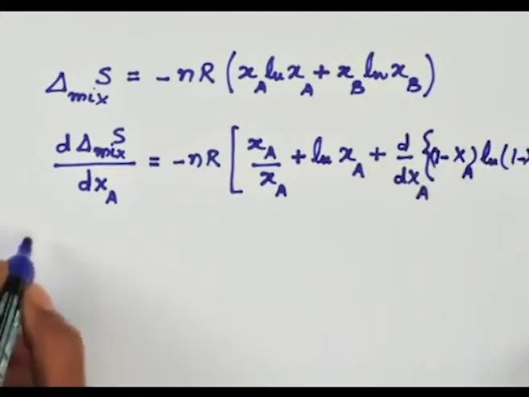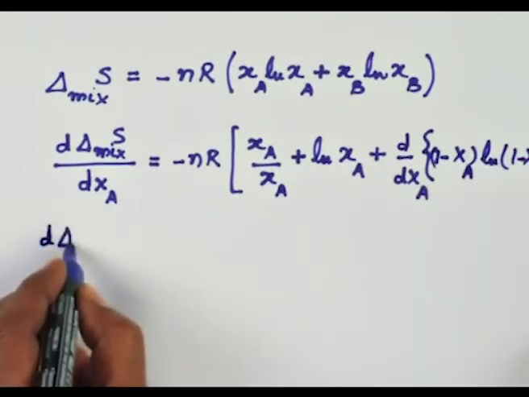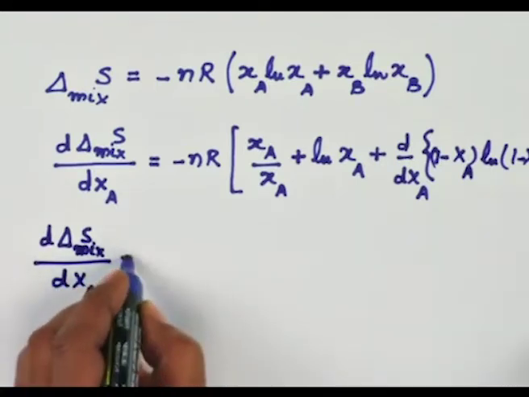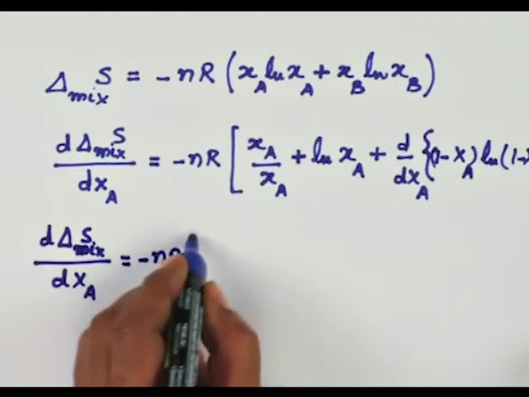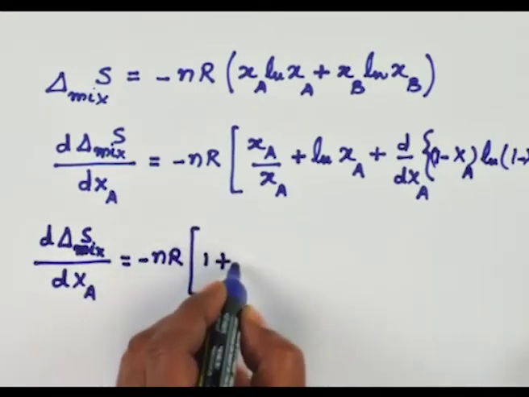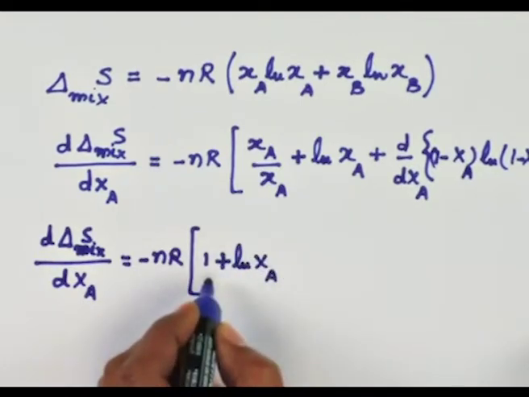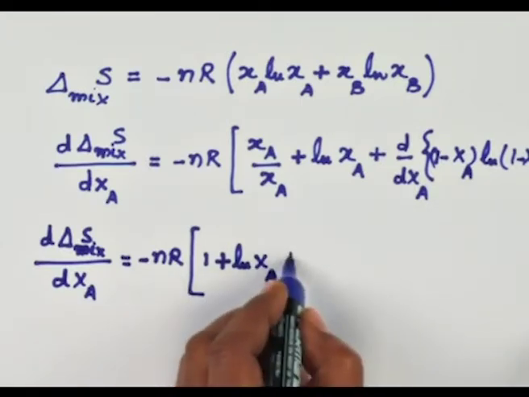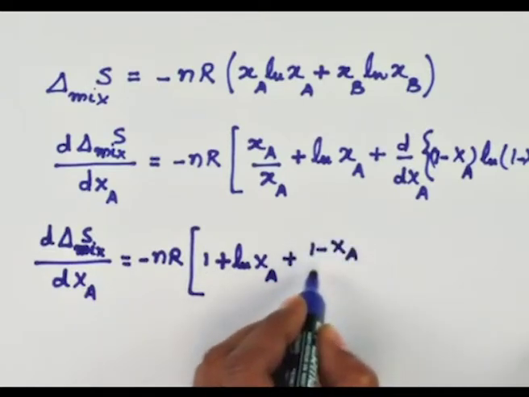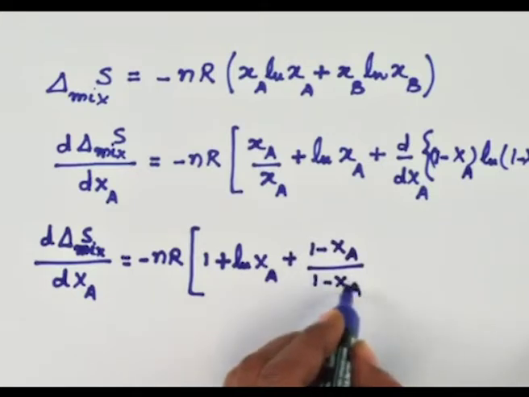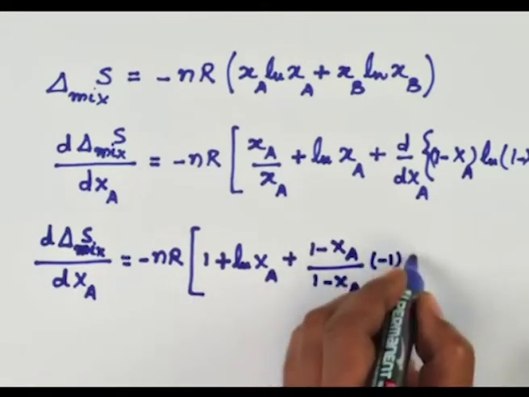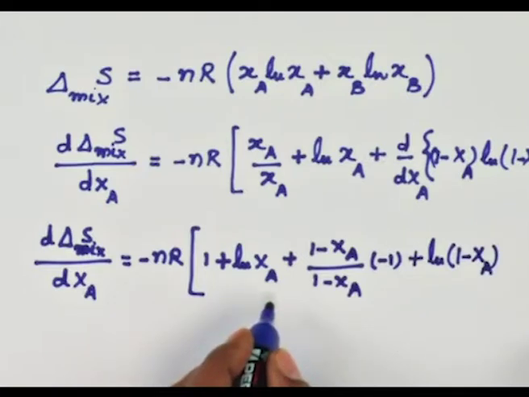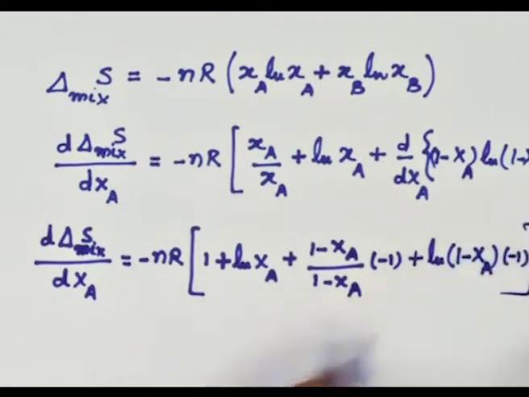So the derivative of delta mix S with respect to XA is minus NR times 1 plus log XA, plus 1 minus XA over 1 minus XA into minus 1, plus log of 1 minus XA into minus 1. This is what I am going to get.